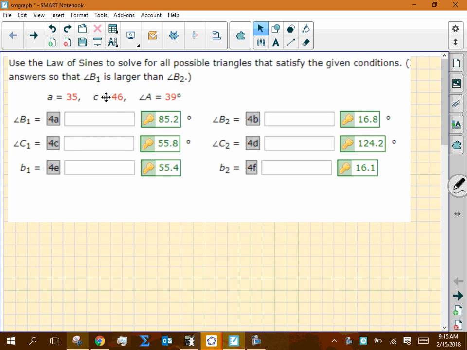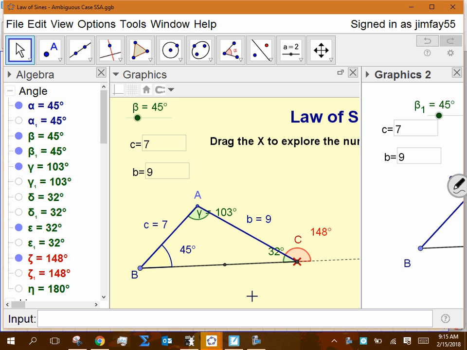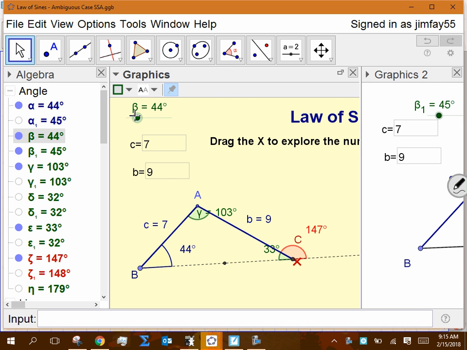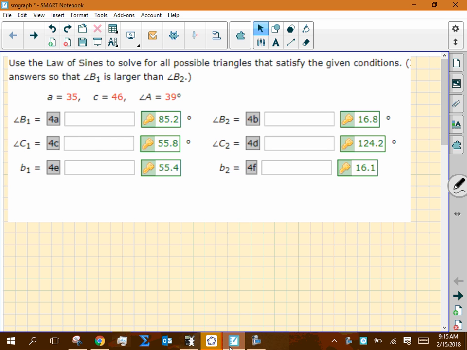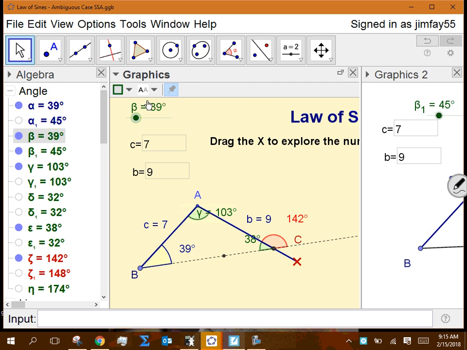So here's the idea. Now, we've got an angle of 39 degrees and a side opposite is 35, right? And we got another side that's 46, okay? So I'm going to set up in GeoGebra an angle that was 39 degrees. Opposite it was 35.